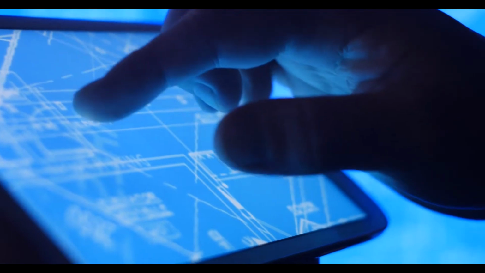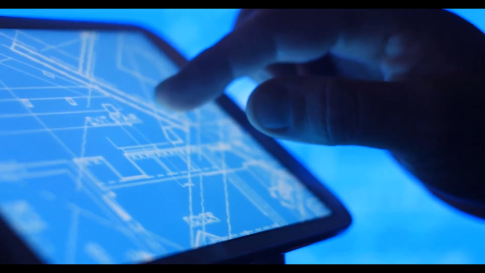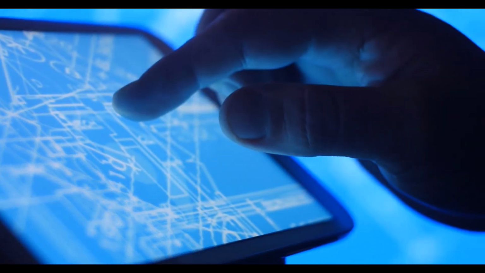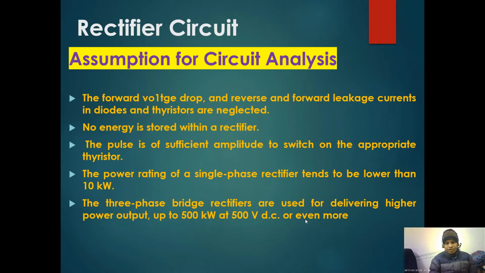But before analyzing the rectifier circuit, we have a few assumptions. Those assumptions are that the forward voltage drop and the reverse and forward leakage current in the diode and thyristor are neglected. There is no energy storage element in the rectifier, and the pulses which we apply are sufficient to switch on the appropriate thyristor.